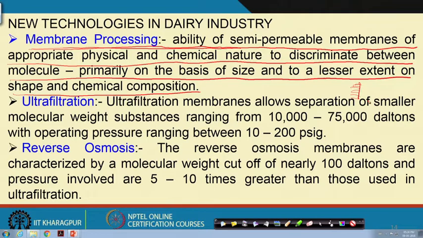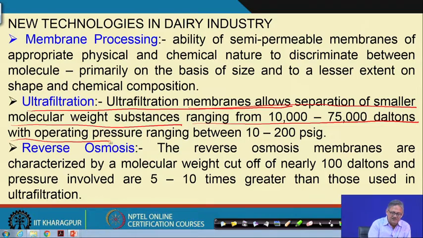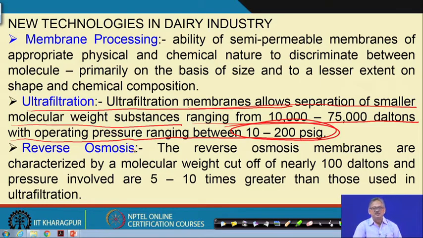Then ultrafiltration. In many of the colleges, this ultrafiltration is also available, and this is also a membrane that allows separation of smaller molecular weight substances ranging from 10,000 to 75,000 daltons molecular weight, right, that molecular substances can be removed with operating pressures ranging between 10 to 200 psi G, right.